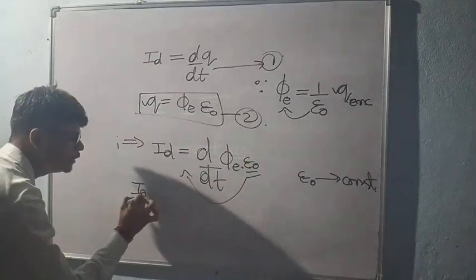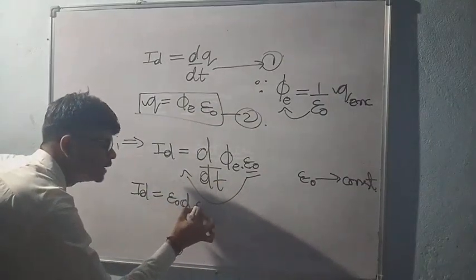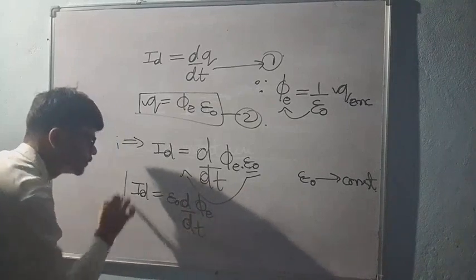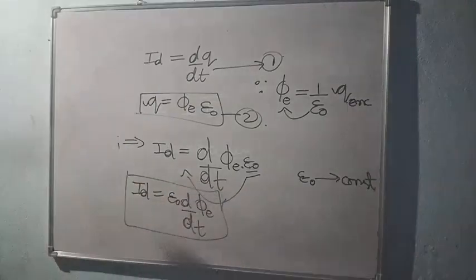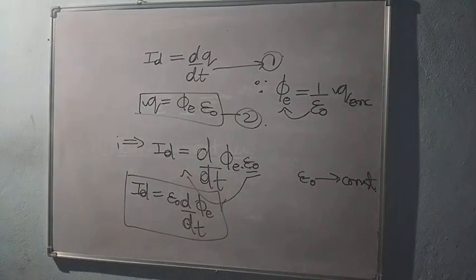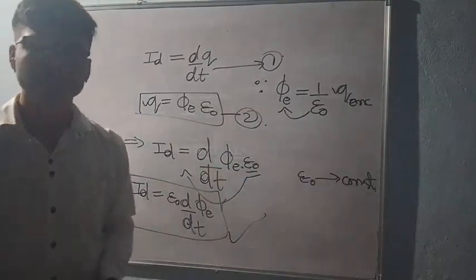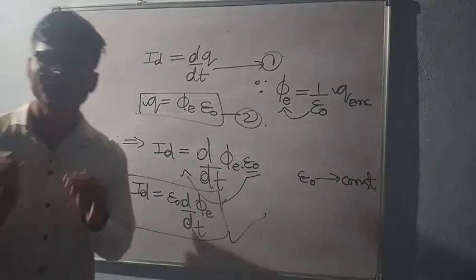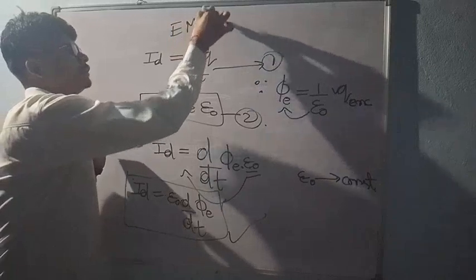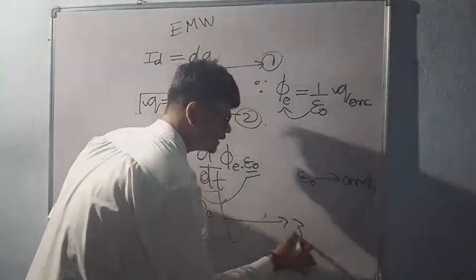So ID, the displacement current, is equal to epsilon naught times d phi E by dt, the rate of change of total electric flux through a region. That's the formula and expression for displacement current. We'll use this formula to explore more about our new topic of electromagnetic waves.